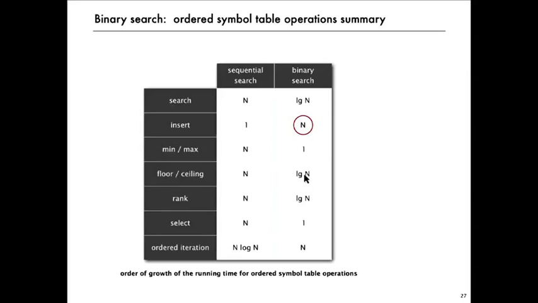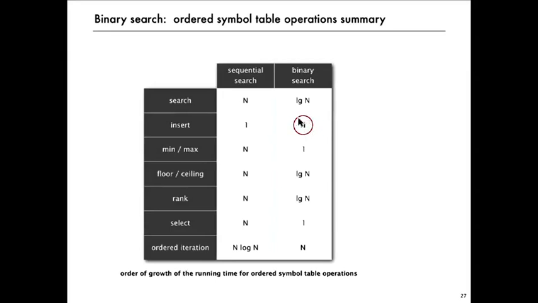Floor and ceiling, that's again an outgrowth of the rank operation. Minimum and maximum, well, again, those are like select, they're just right there. You look at the first or the last. To insert or delete, however, takes linear time. To maintain the sorted array in dynamic fashion is going to take linear time.